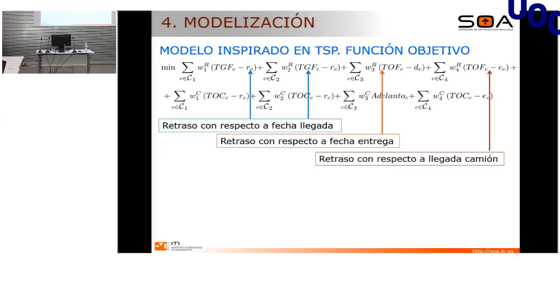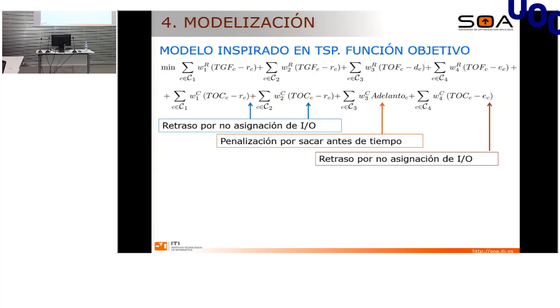So for type 3, we have a due date, so we can have a delay with respect to this due date. And for type 4 is the delay with respect to the arrival of the truck. So this is the objective function.